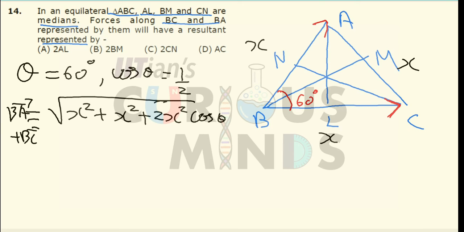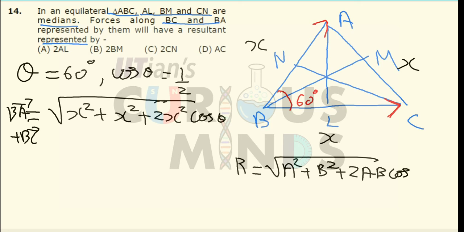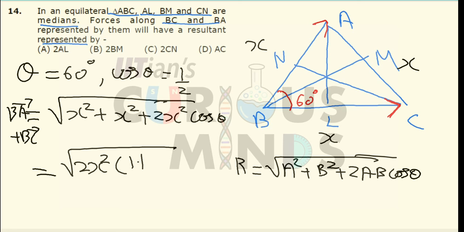I have derived this from the vector form, that is the resultant is equal to root of a square plus b square plus 2ab cos theta. This is equal to root of 2x square into 1 plus cos theta.